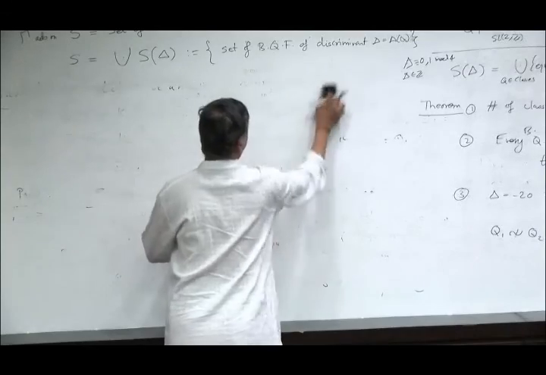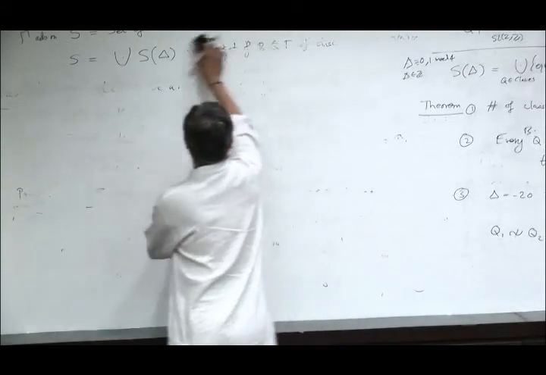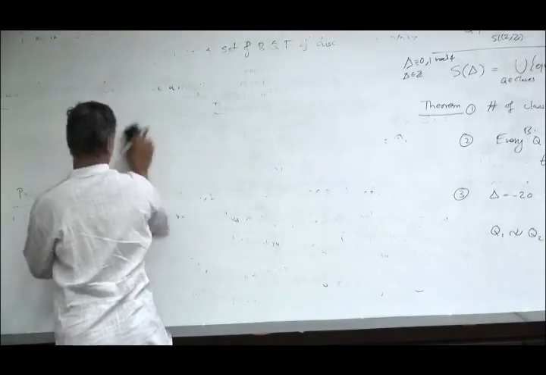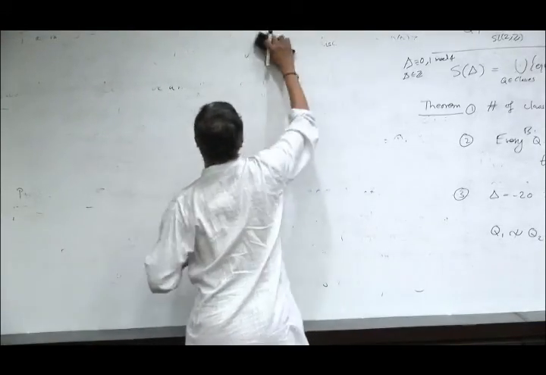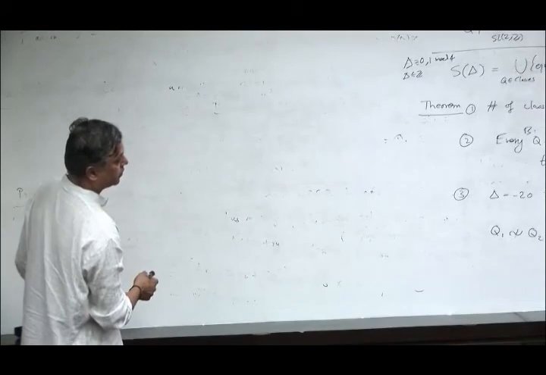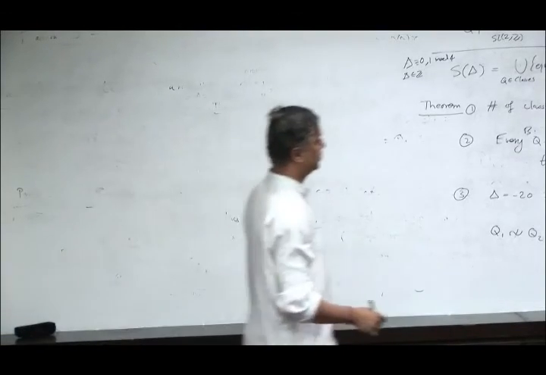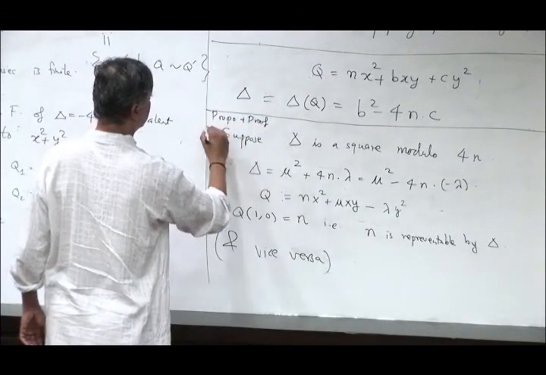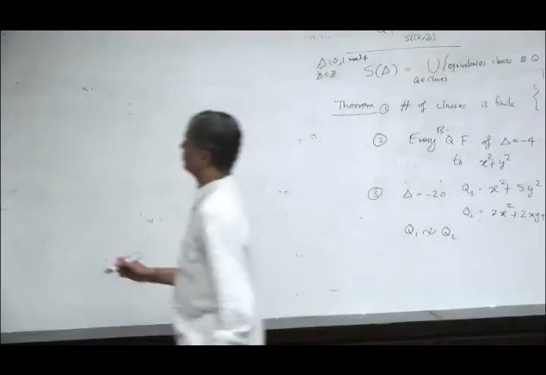Let's just prove that modulo the assumption that S delta with delta minus 4 has only one element. Okay, right. So this was proposition and proof together. So now let's take P odd.